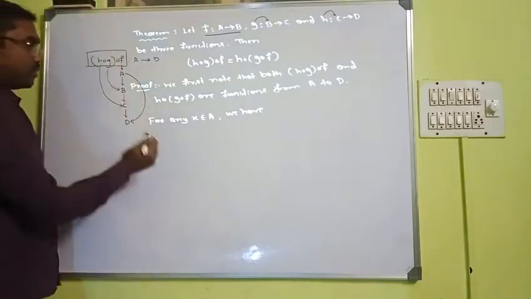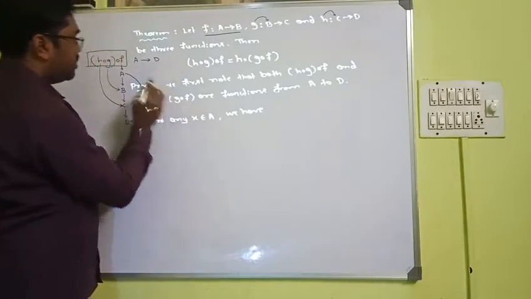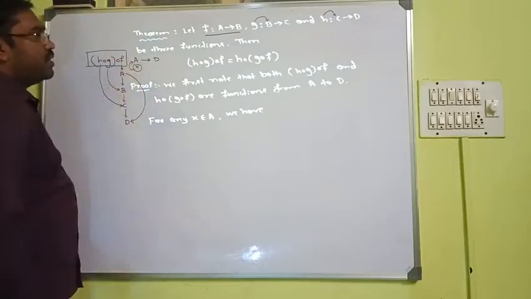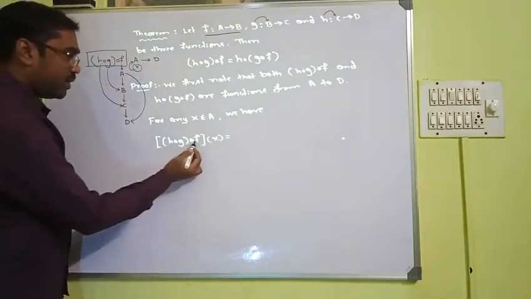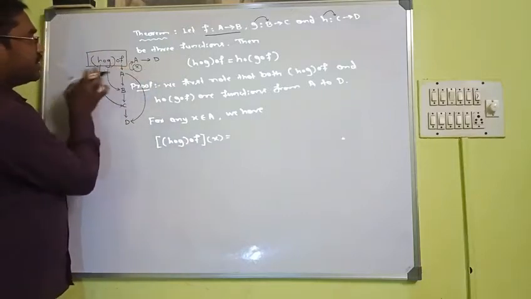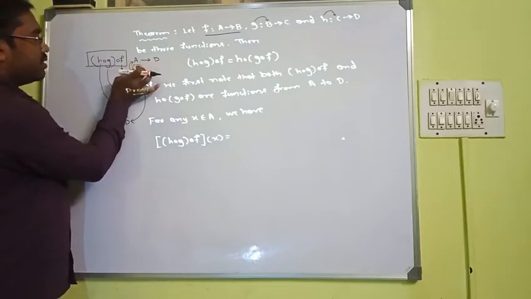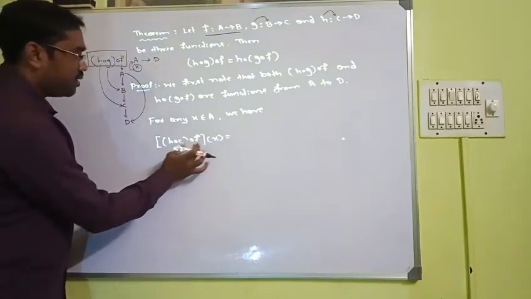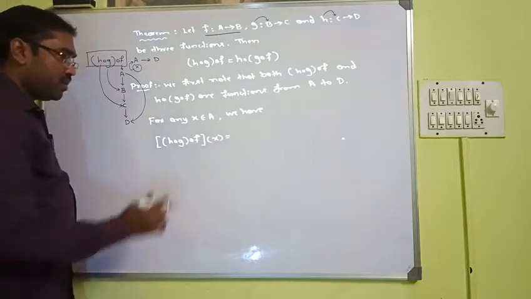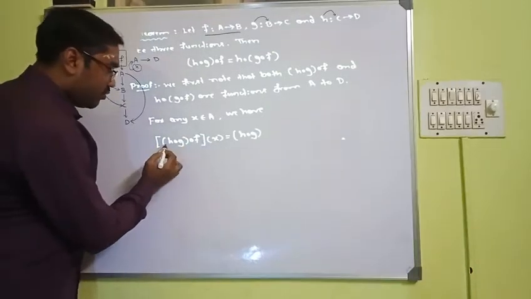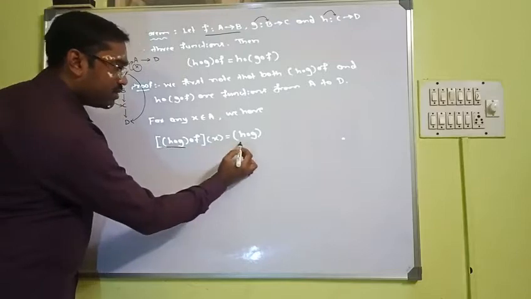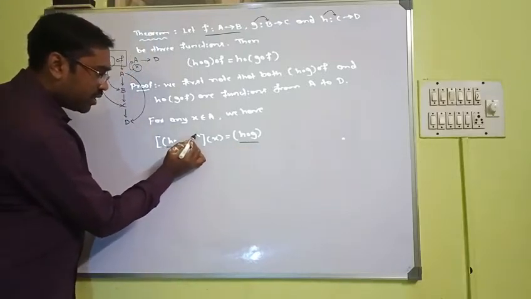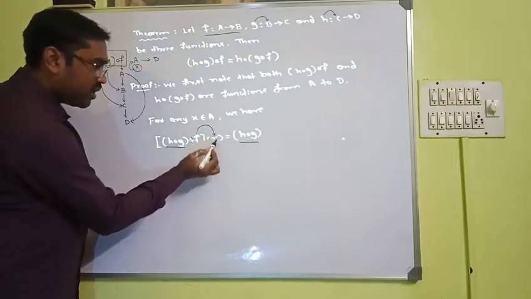Now, for any x belonging to A, let us take one element x in this set A and apply this composition on this element. We write this composition as it is, remove this, and apply the function f on x.